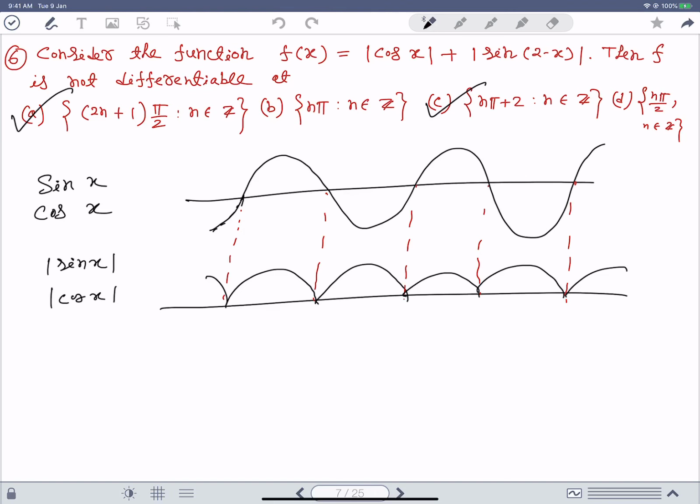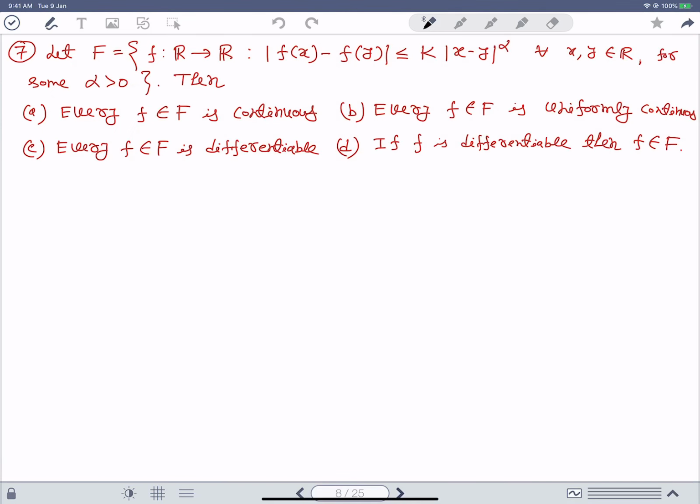Okay. Now, go to the next problem. Here it is given that capital F is a collection of functions from R to R such that |f(x) minus f(y)| is less than or equal to k times |x minus y| power alpha, where alpha is some number bigger than 0.